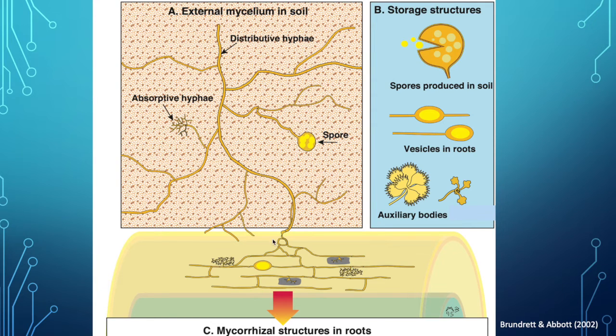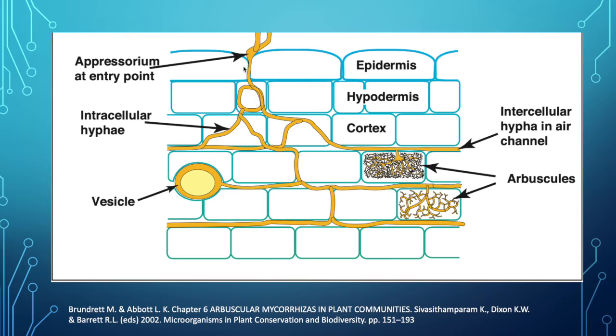Basically, you can see here that this hypha goes inside the plant, penetrates the root, goes inside and winds into the cells and around the cells. So I'll just show you that in more detail. First of all, this appressorium is formed, and this is like a little nodule or a little structure that allows the hypha to actually get into the cells.